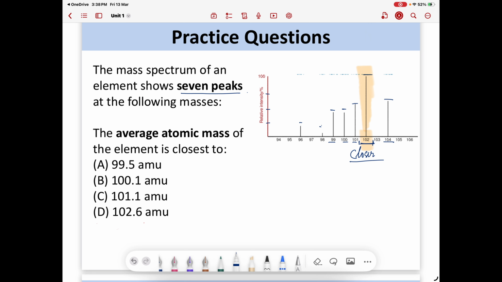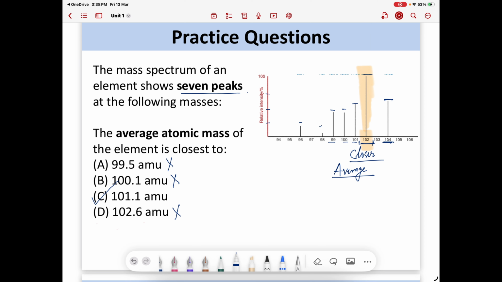So they're going to contribute to the average atomic mass of the element. So the answer is going to be closer to 102. So this is not closer. This is not closer. I told you it can't be, because you have 104 isotope but not that abundant, so it can't be this one. So the answer is going to be C.